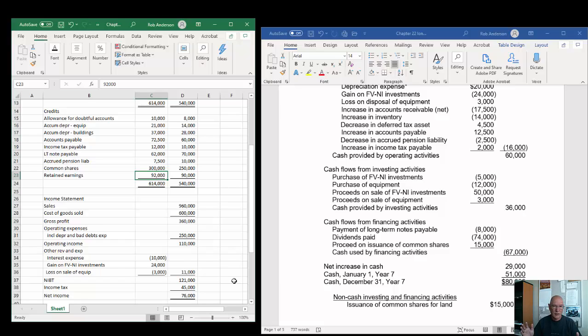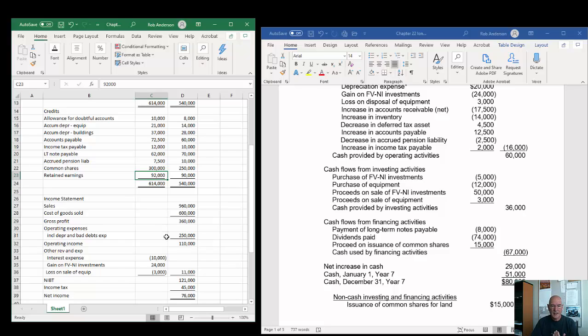Now, this could get complicated in real life. In real life, a company might do some crazy things like repurchase shares on the open market for more than the original issue price, and that could cause a debit to retained earnings. So, cash flow statements in real life can get kind of crazy.